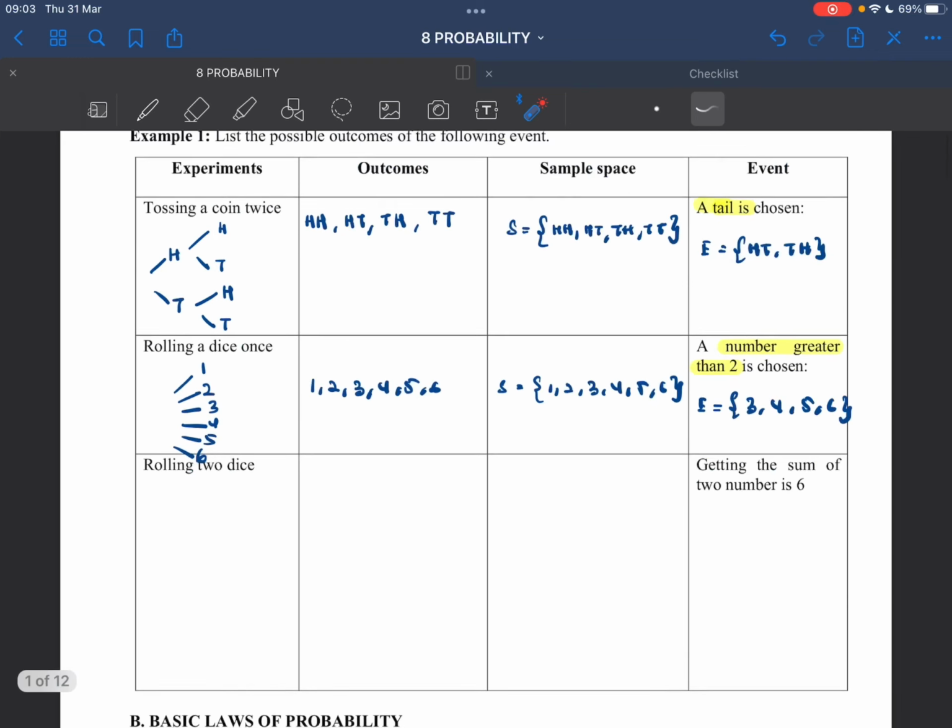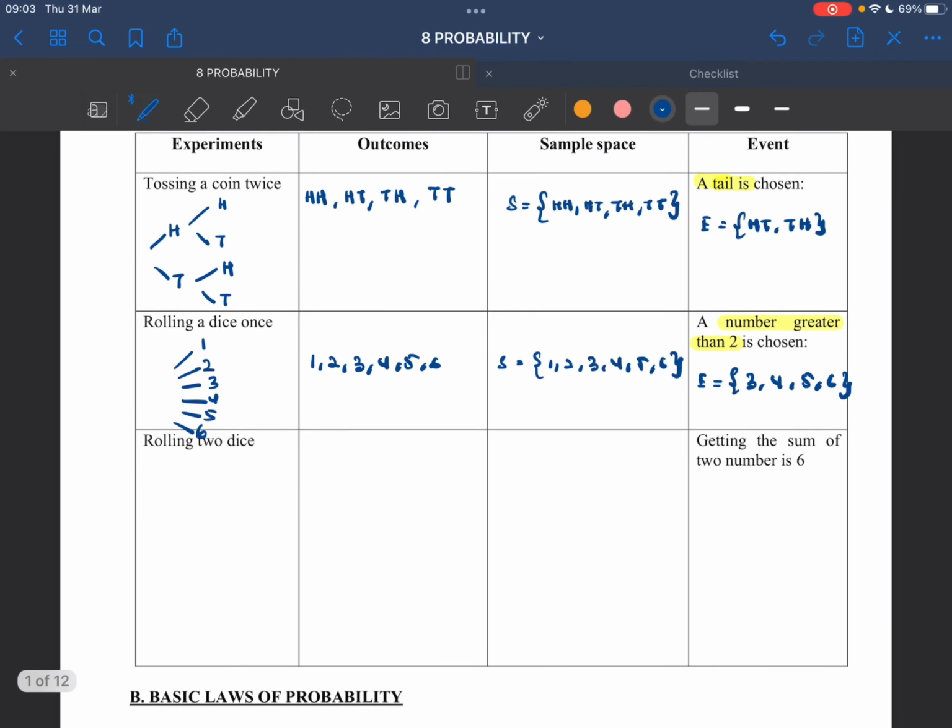What we know is that the outcomes will be: 1 on the first roll and 1 on the second roll, 1 and 2, 1 and 3, 1 and 4, 1 and 5, 1 and 6.